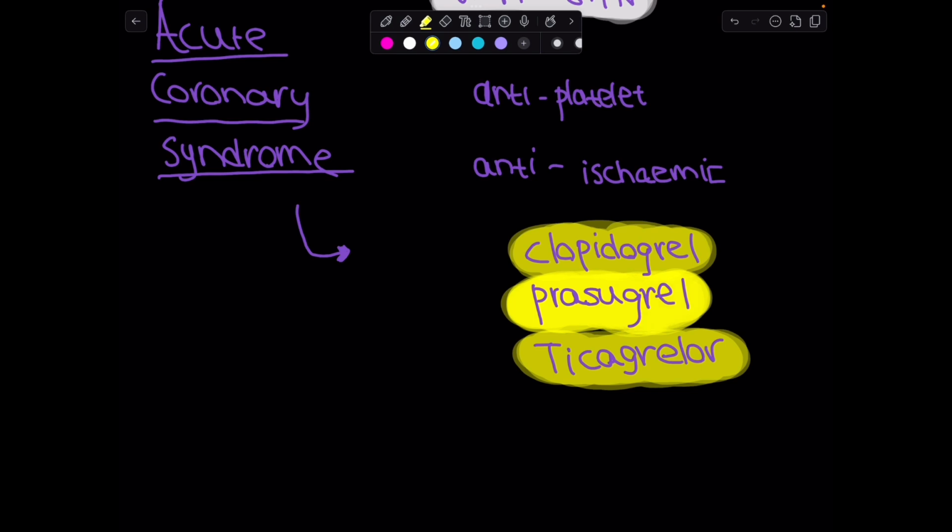Ticagrelor's name also stems from its chemical class, cyclopentyltriazolopyrimidine, and its function as a reversible P2Y12 inhibitor reduces platelet activation, stabilizing clots in unstable angina or myocardial infarction. Want to explore their chemical mechanisms or compare their efficacy?